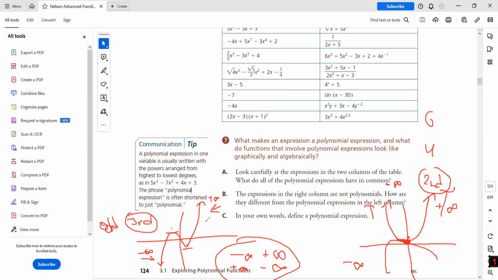Second conclusion, you can see that the second degree polynomial, which is a quadratic function, has only one minimum or maximum point. So if second power means one min or max point, and if you have a third degree polynomial function, you can see that we have already two points like that. So it's going to be two minimums and maximums.